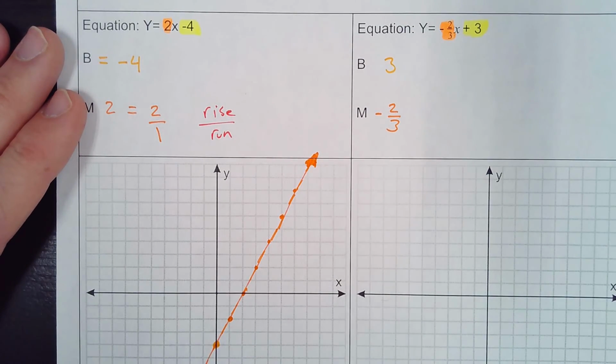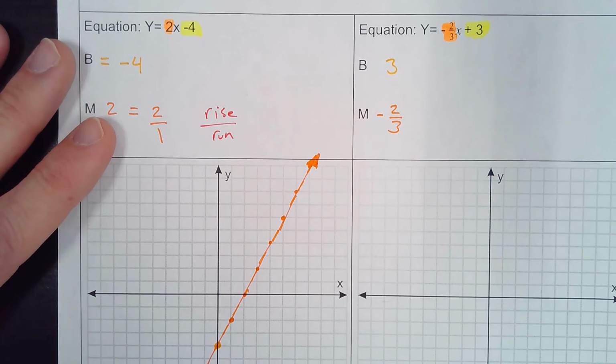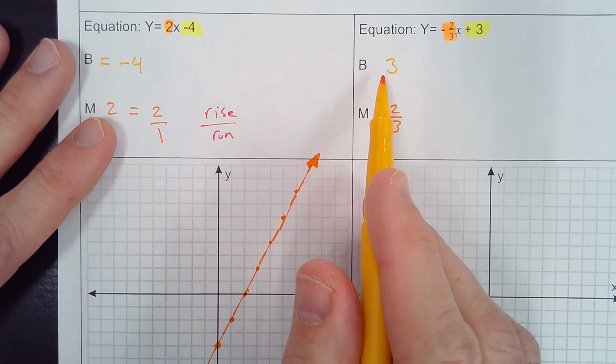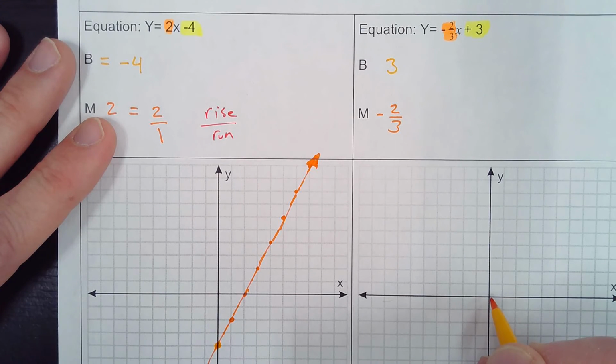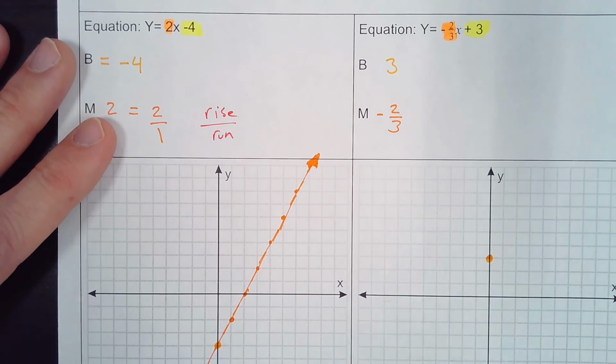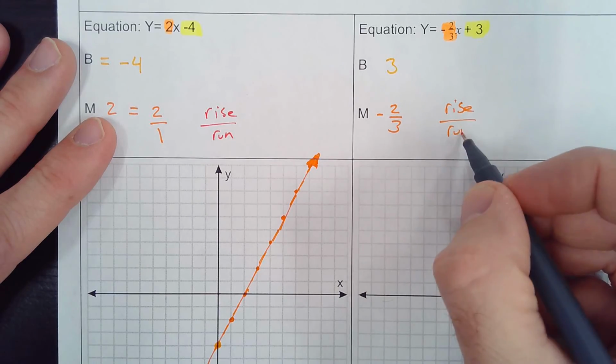It doesn't just end right there at this graph, but it goes on forever. So that's how we graph a linear equation. We'll do one more here. We found m and b. Now let's plot our b. Our b says to go +3, start at the origin and go up 1, 2, 3. Make a dot there. Now remember, this is rise over run.